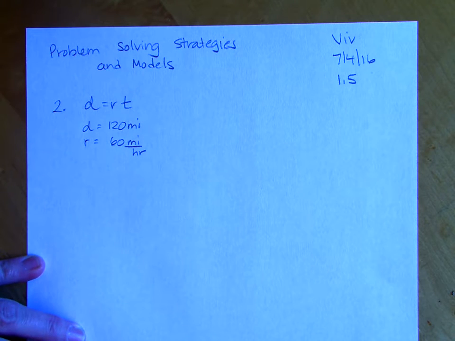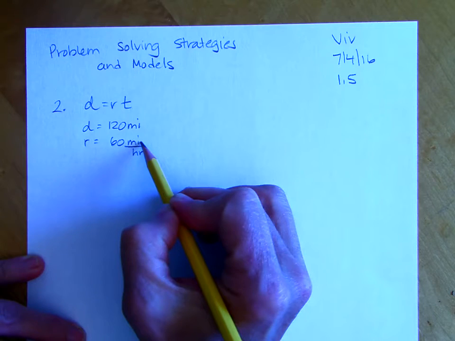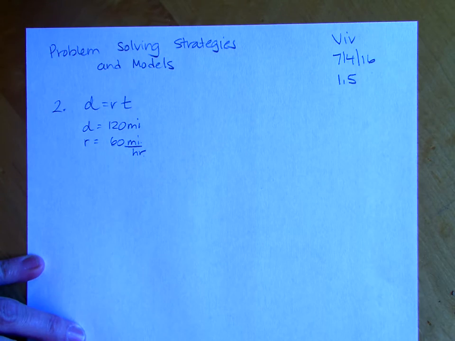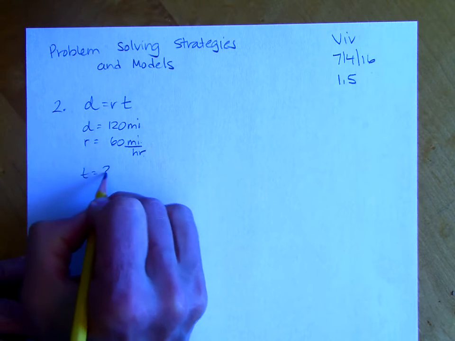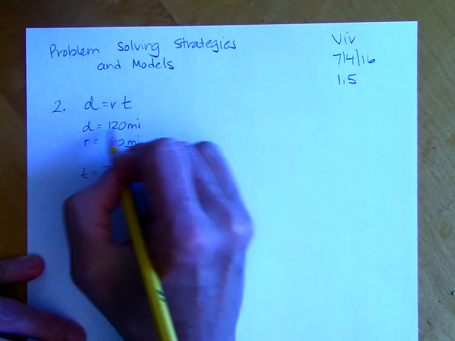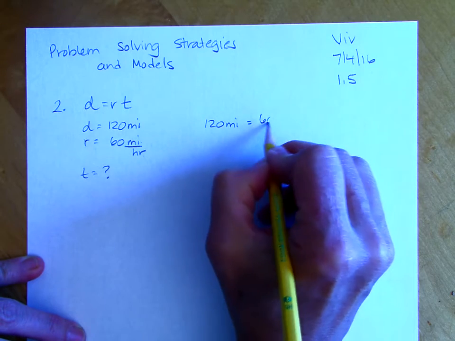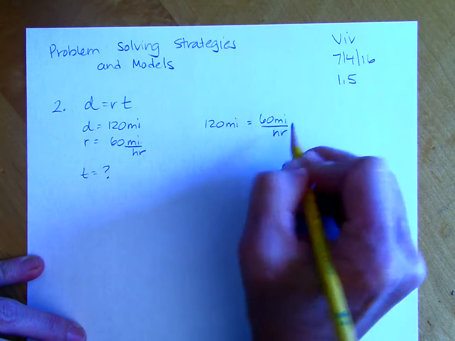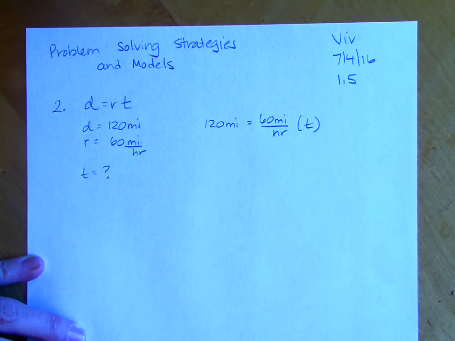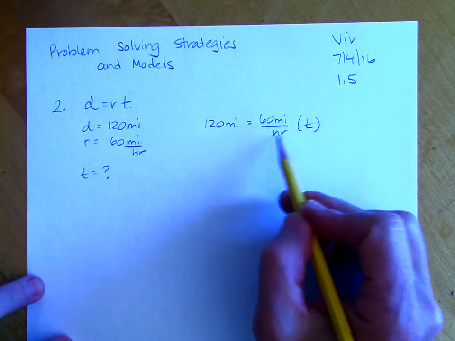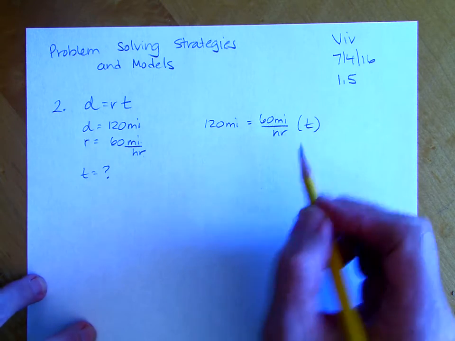And I always write rates or fractions with a numerator and a denominator. The slash is not helpful, and the question is T. So if I replace 120 miles equals 60 miles per hour times T, I would divide by 60 miles per hour.